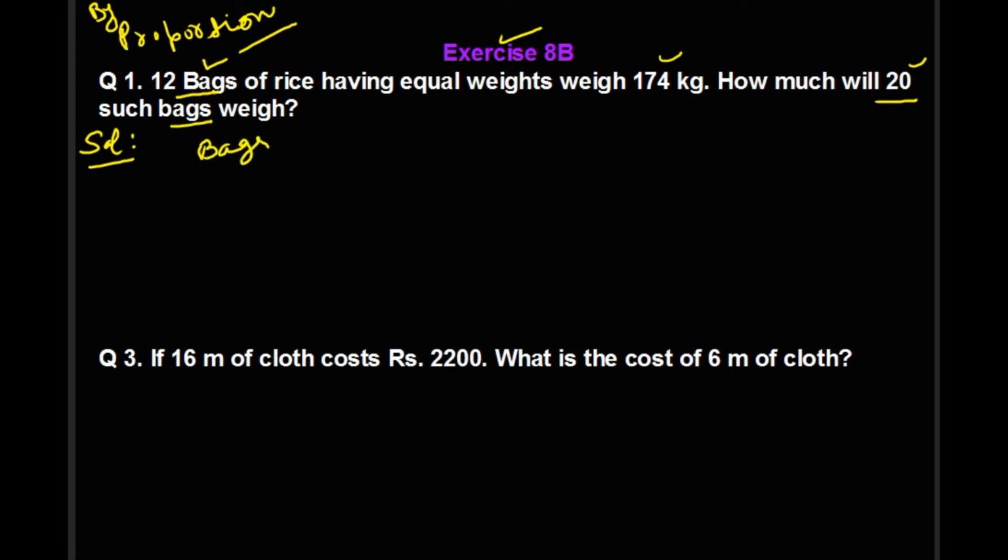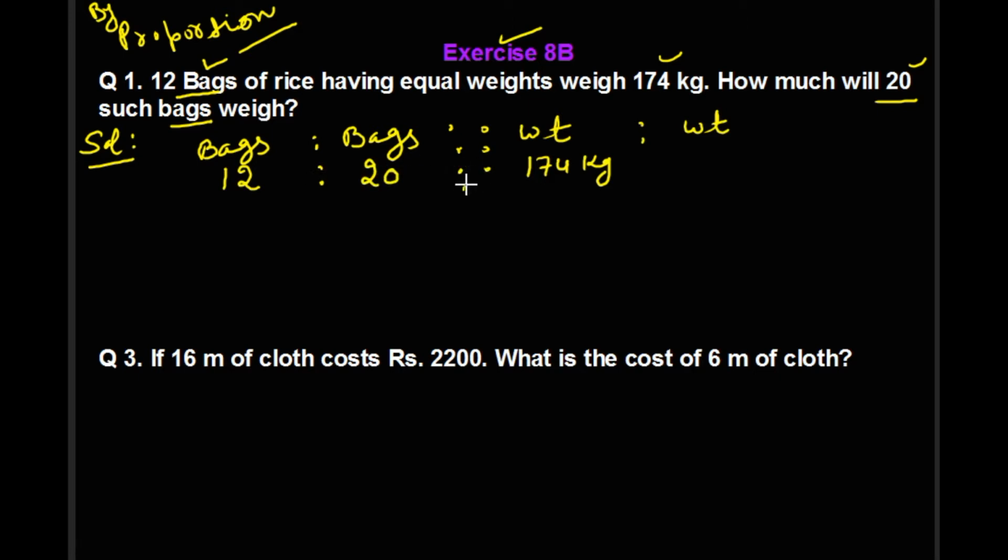So here I will put bags ratio bags, and in proportion are their weights, weight ratio weight. First are 12 bags, and the 12 bags weigh 174 kg, and the ratio 20 bags, we have to find the weight of 20 bags.